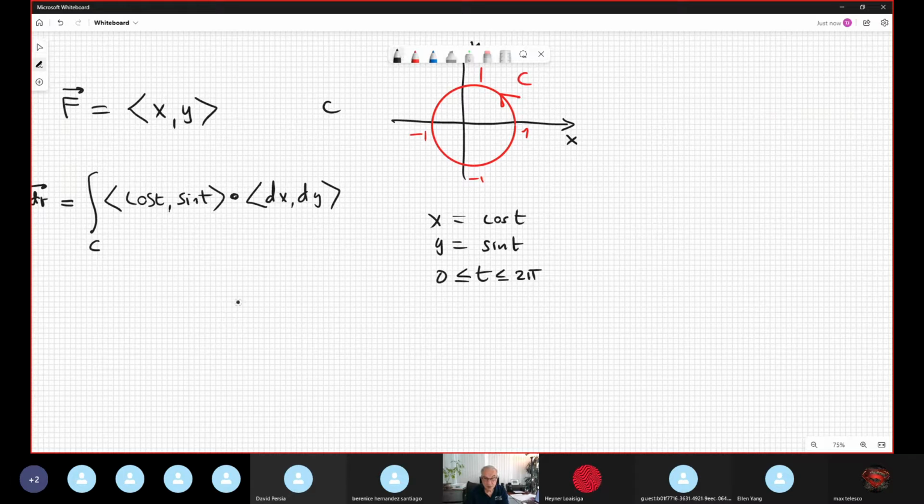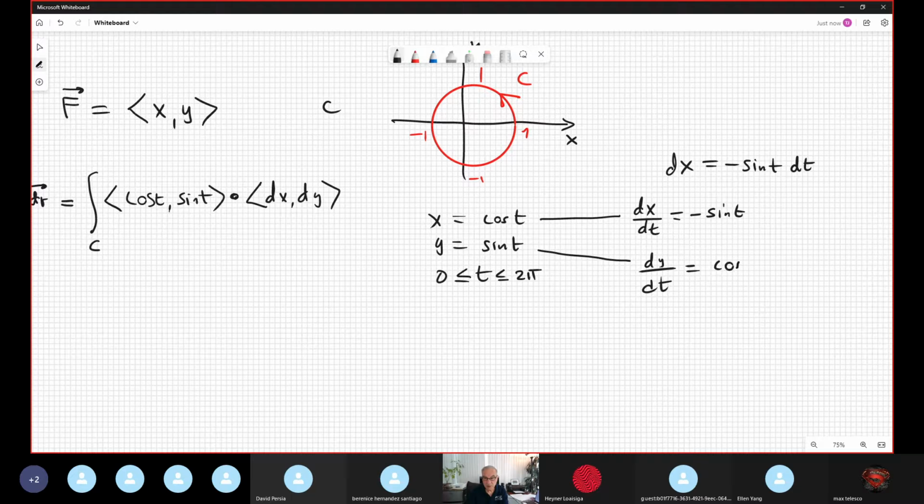The derivative dx/dt, the derivative of cosine is minus sine. But I don't want dx/dt, I want dx. Well, dx is equal to minus sine t dt. Likewise, dy/dt is cosine t. Therefore, dy alone is cosine t dt.